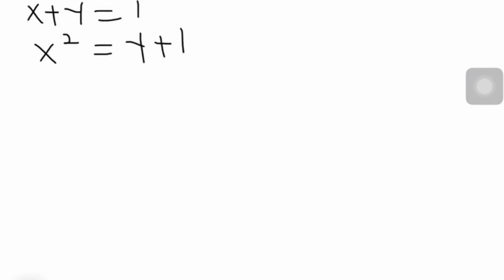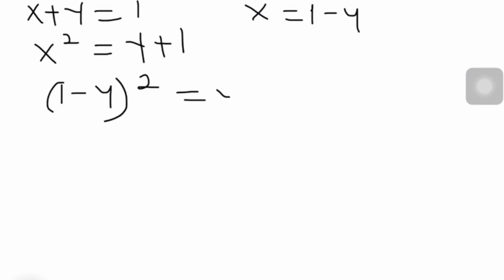Now let's solve the two equations. From equation 1, we can say that x is equal to 1 minus y, right? And then we come to equation 2 and substitute, where we have x with 1 minus y. So this means we have 1 minus y, all squared, is equal to y plus 1.